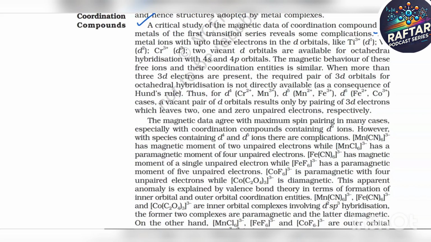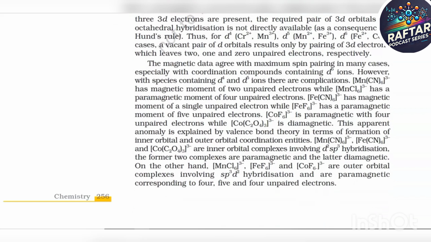[Mn(CN)6]3- has a magnetic moment of 2 unpaired electrons, while [MnCl6]3- has a paramagnetic moment of 4 unpaired electrons.